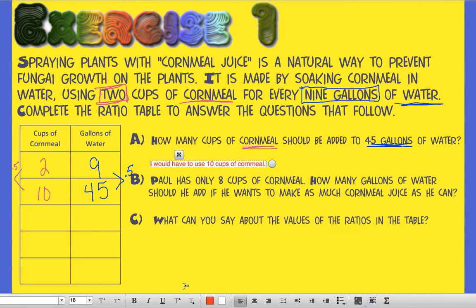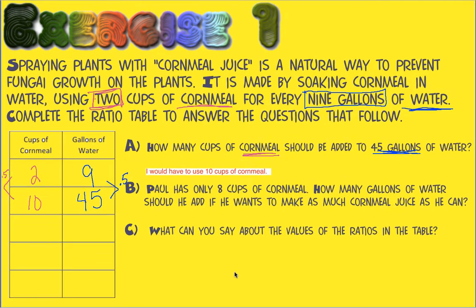Okay, so this all attaches back to what we've been talking about with the tape diagrams and creating equivalent ratios. Originally, when we drew the 2 to 9, everything was worth 1. Just a rough drawing here: 1, 2, 3, 4, 5, 6, 7, 8, 9, so everything was worth 1.